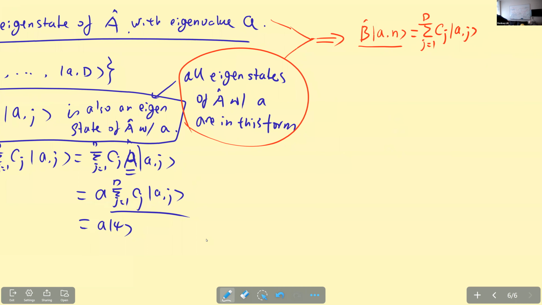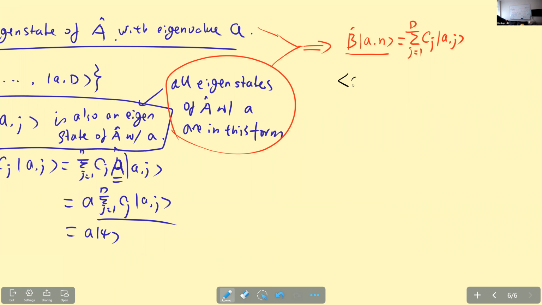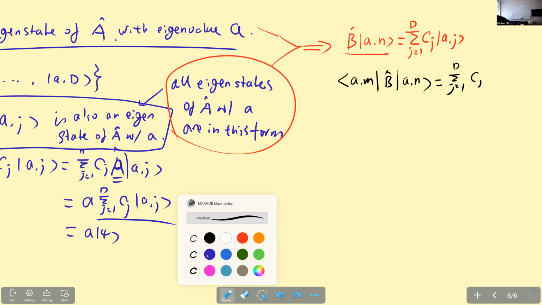Right. And now you can act with Am on the left hand side.